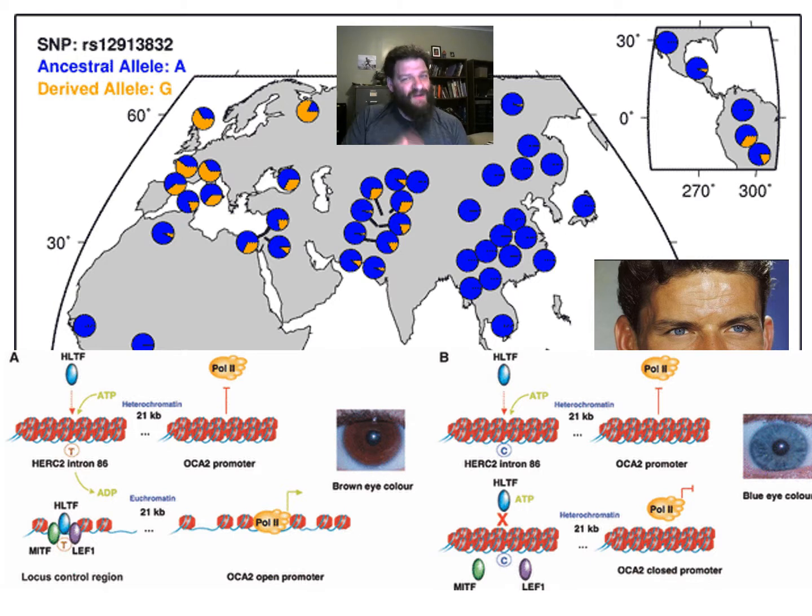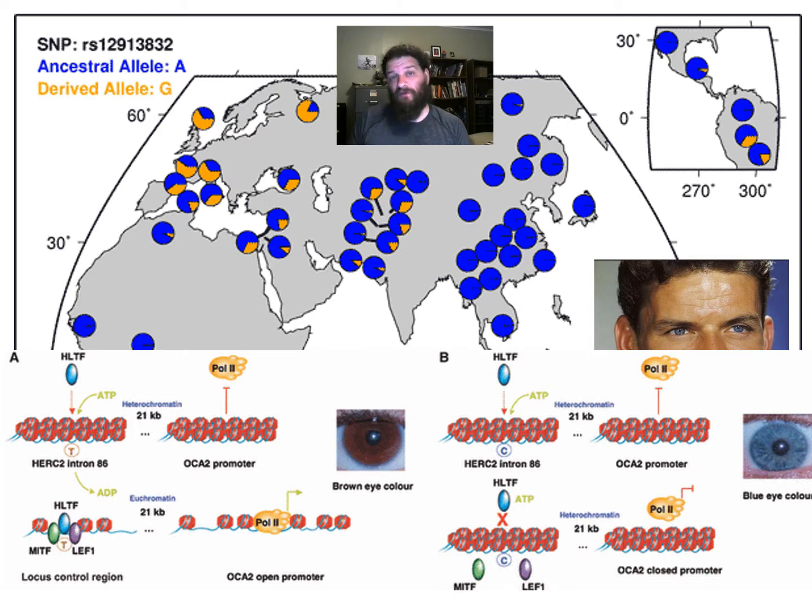Now, the mutation itself is actually in the gene for HERC2, which is part of a protein, part of a polypeptide that is part of ubiquitin, a protein degradation enzyme. But within one of the introns of the HERC2 gene is actually the control locus for the OCA2 gene itself.